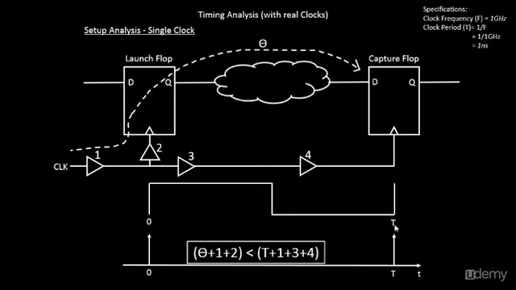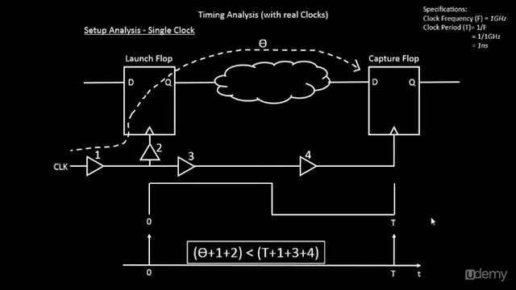So the next clock cycle will not come at 1 nanosecond, but it will come at 1 nanosecond plus 1 plus 3 plus 4 and plus the wire delays. That's why the equation is changing. It comes like theta plus 1 plus 2 is less than t plus 1 plus 3 plus 4.